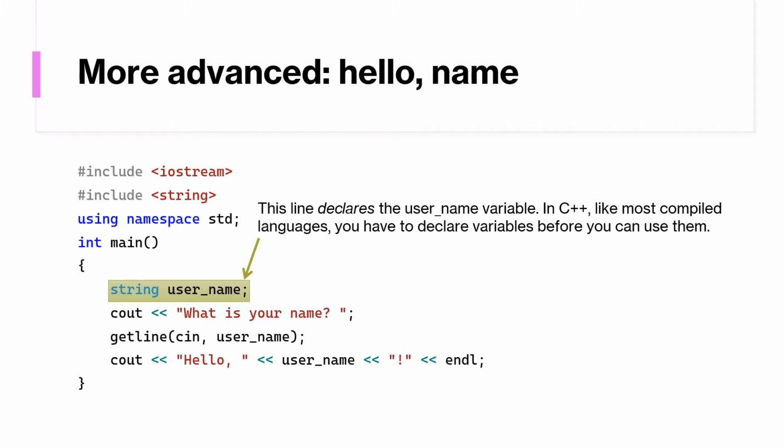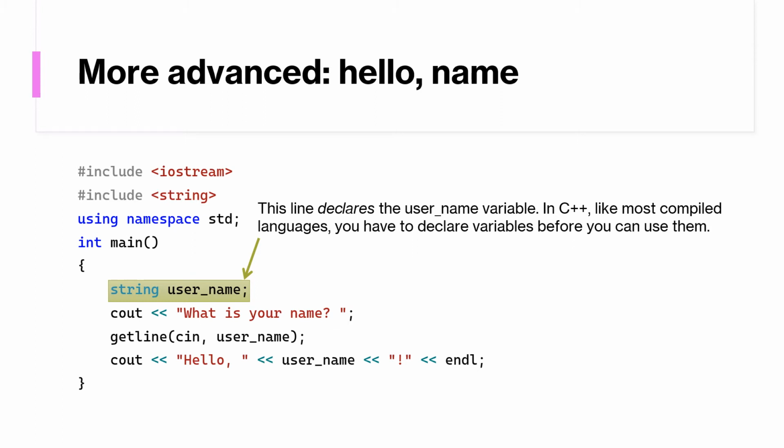Okay, you can see the #include string line that we've added up at the top, and you can see here that I'm declaring a variable called username. First off, in C++, if you've never used a compiled language before, maybe you have some experience doing Python programming or JavaScript, like most compiled languages, you have to declare a variable before you can use it, because the compiler has to set aside memory space for that variable.